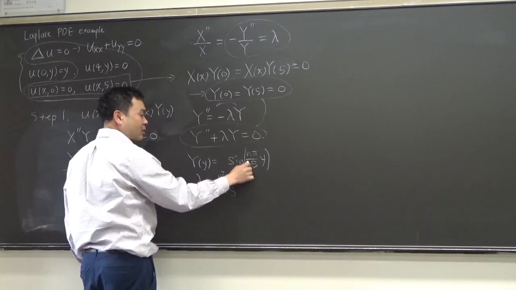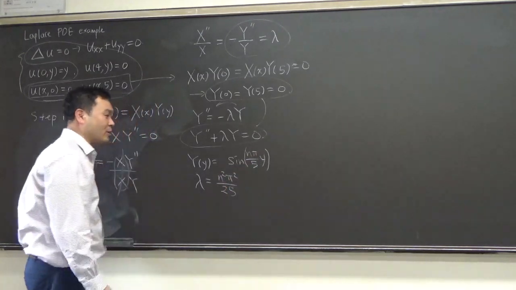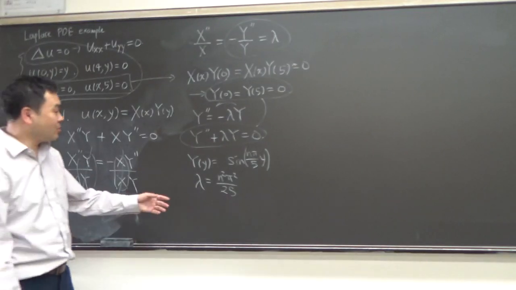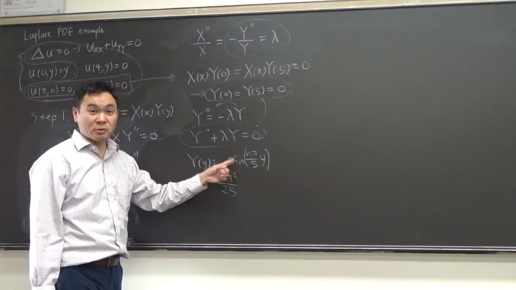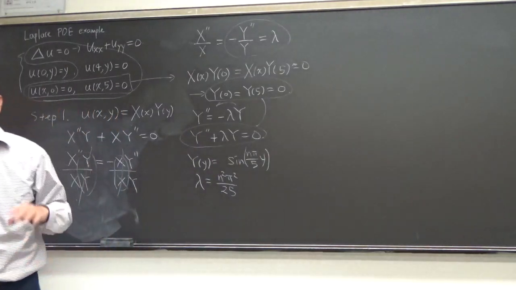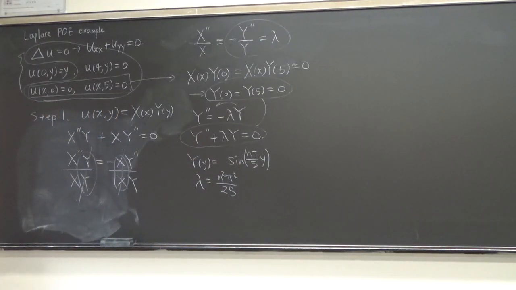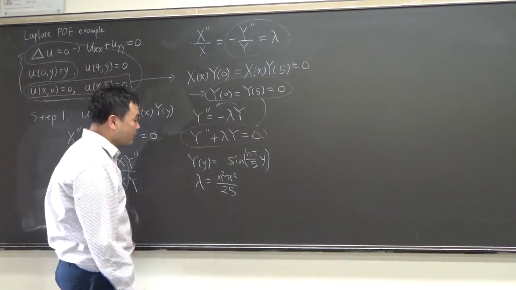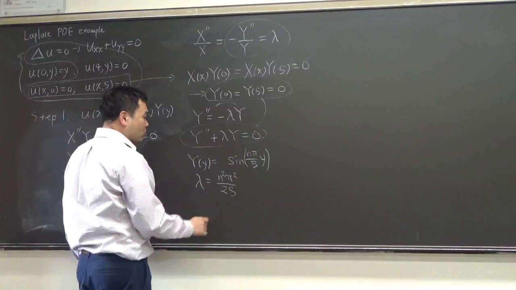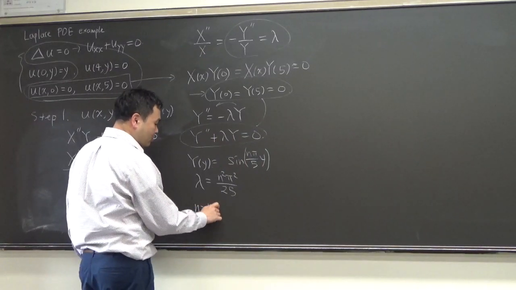So you just take n pi over 5 and square that. You can easily see that if you replace lambda by this value and plug that in, these do become solutions. So that's how you can understand what's happening if you're not sure of the Sturm-Liouville. Okay, and this will be true for any n starting from 1, right?